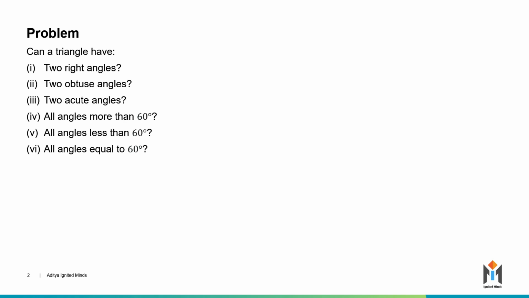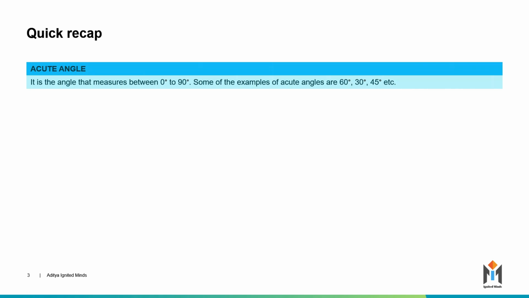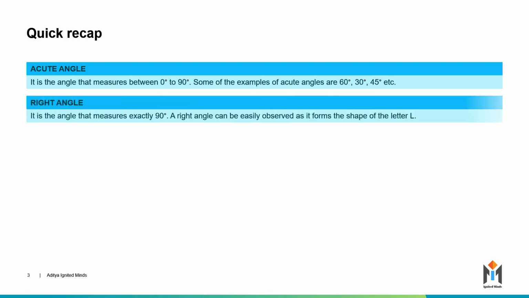Before we go and figure out whether they are possible or not, let us do a quick recap of what the different kinds of angles mean. So here, an acute angle is an angle that measures between 0 to 90 degrees. Some examples of the acute angle include 60 degrees, 30 degrees, 45 degrees, etc. And coming to right angle, it is an angle that measures exactly 90 degrees.